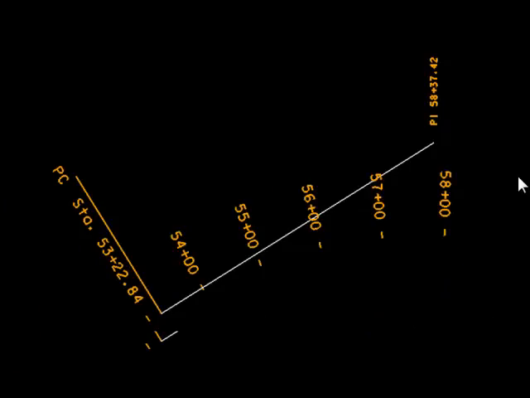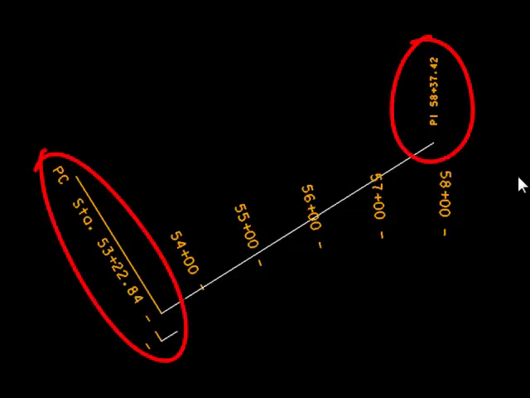So as we start to lay out our curve, we're going to lay it out relative to our line between the PI and the PC. So here you can see the PC on the left, the PI on the right, and we'll set up the instrument at the PC and set 0 on the PI.